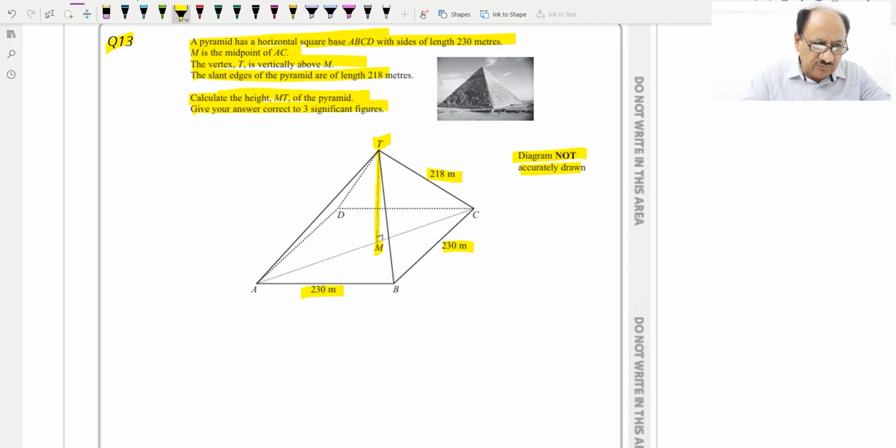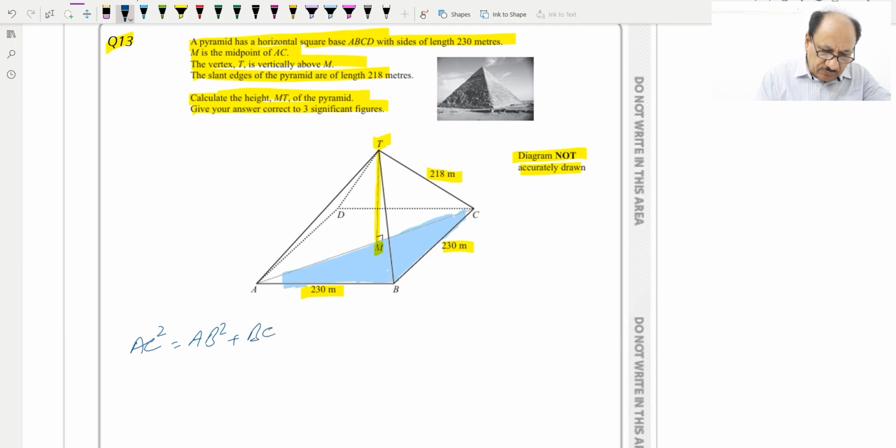Same strategy we'll be using. First we will be considering the base triangle, and we will be finding AC. The other 2 sides we already have, so we will be applying Pythagoras theorem, and by Pythagoras theorem AC square is equal to AB square plus BC square.